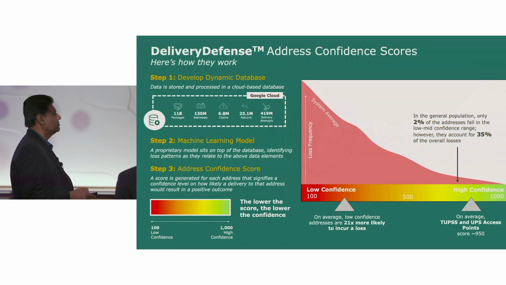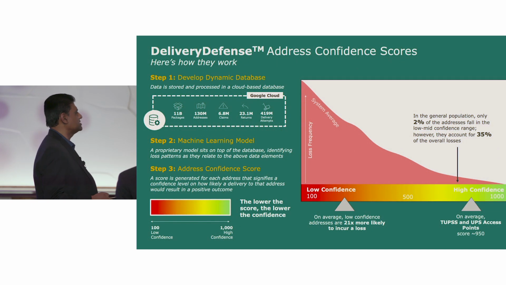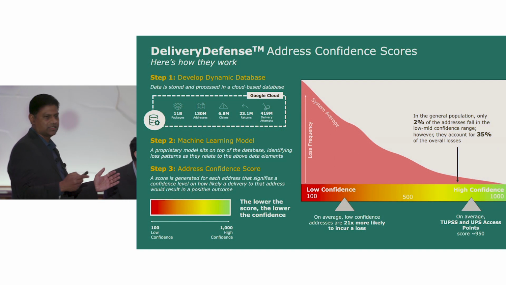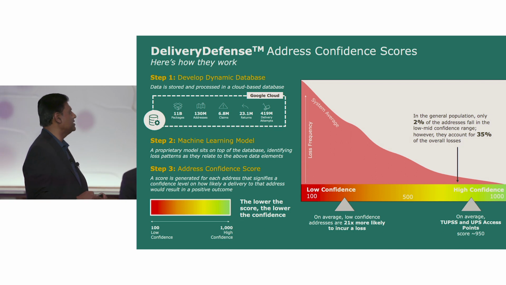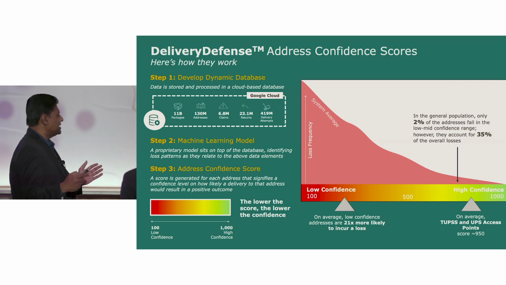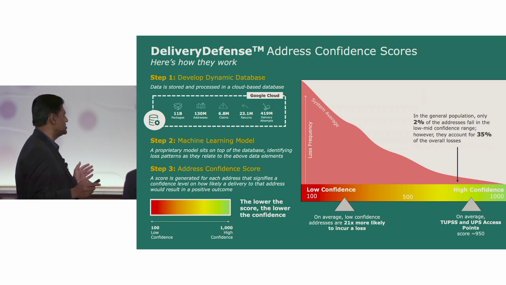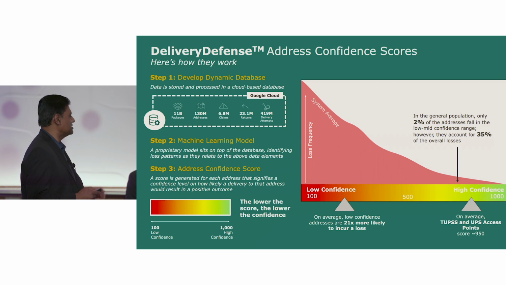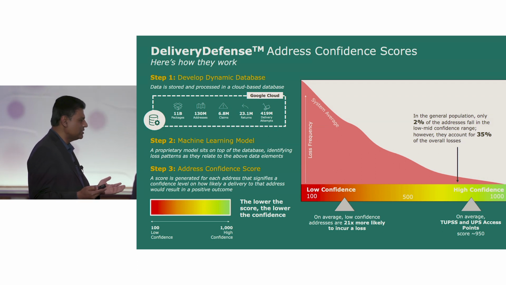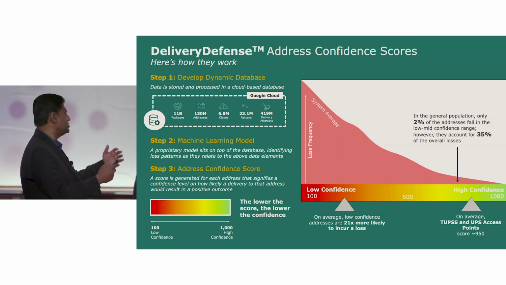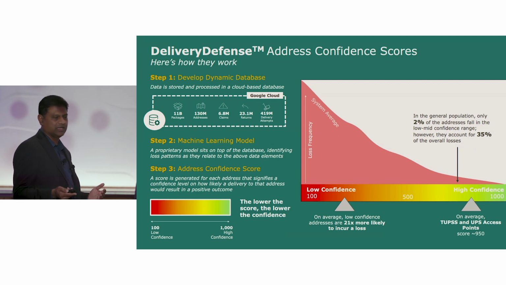This slide summarizes the essence behind it. So I gave you the package figure. We took historical package information. When this slide was made, it was 11 billion packages, and there were 130 million, now about 135 to 137 million, addresses where we could identify that a package got delivered.